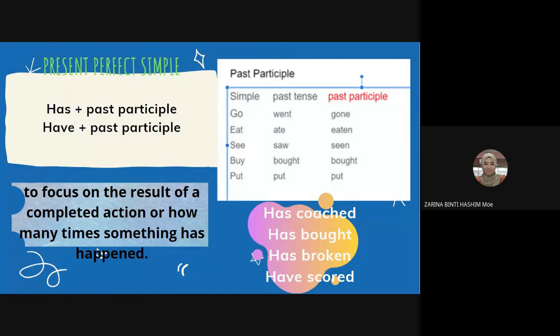So if it is a simple past, how are we going to form the question? After the word how, what is the next word? How happens? After how, we have to use did.